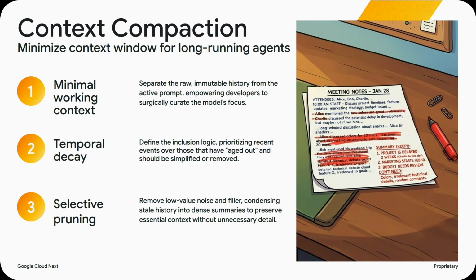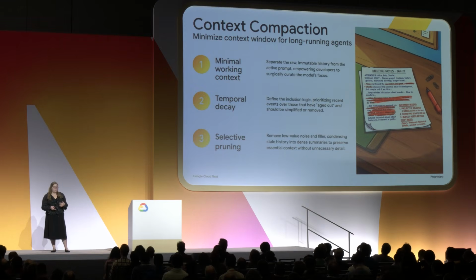If we're talking about a single session, you generally use something like context compaction. With context compaction, you're looking at all of those previous turns of the conversation and throwing out stale bits. What if that first turn of the conversation was super important context and you don't want to lose that information?